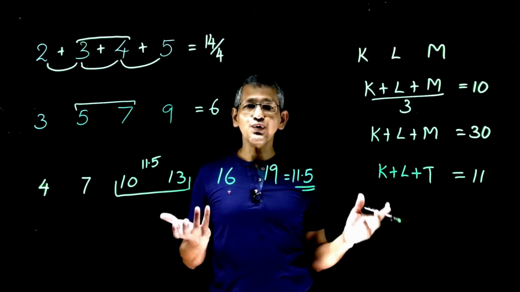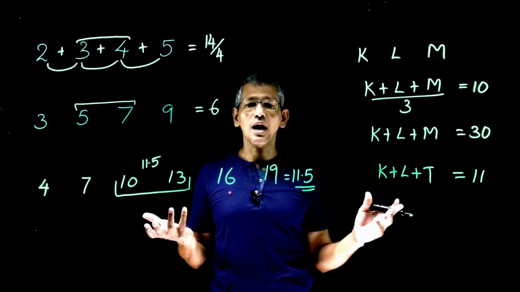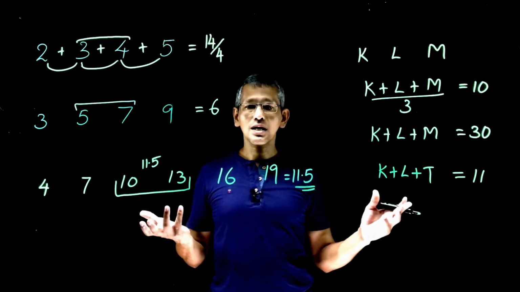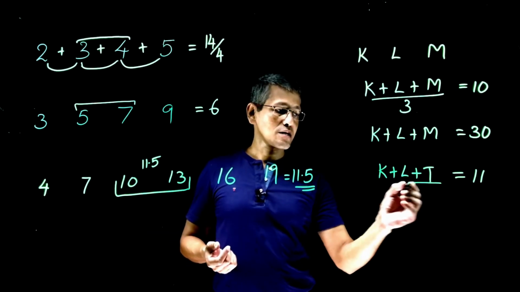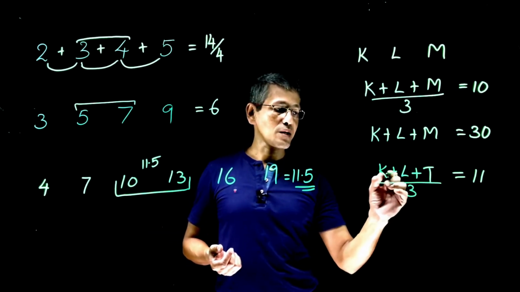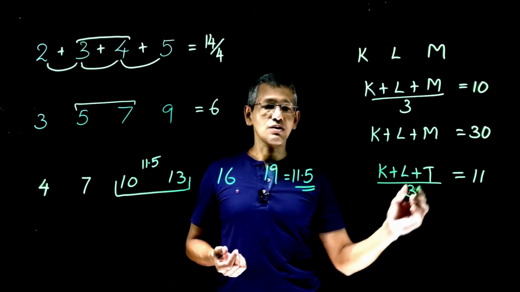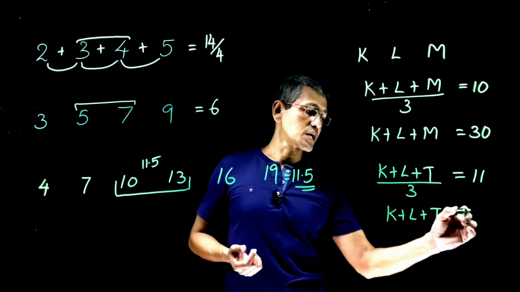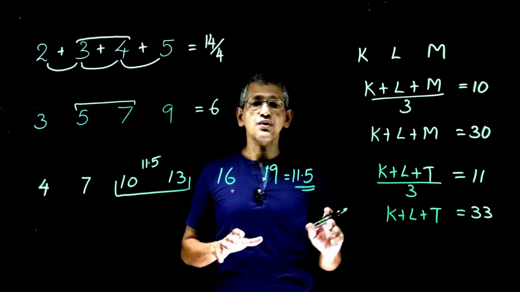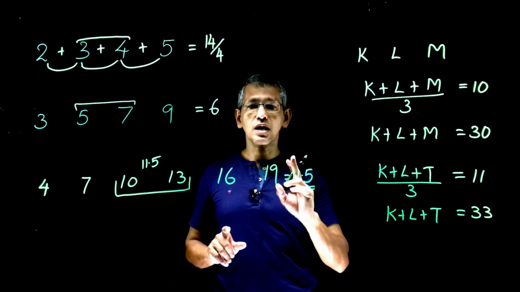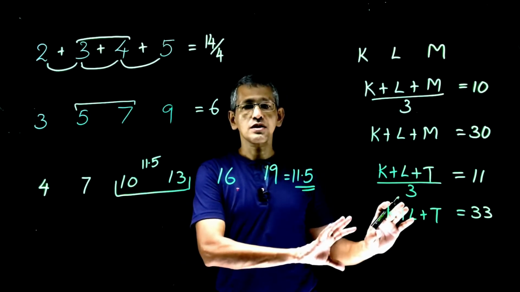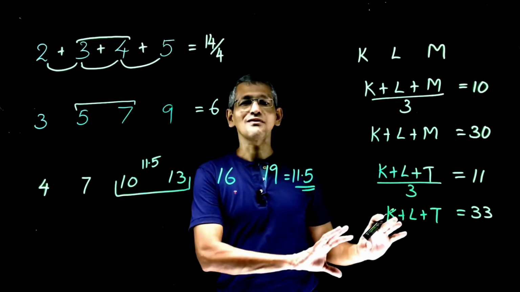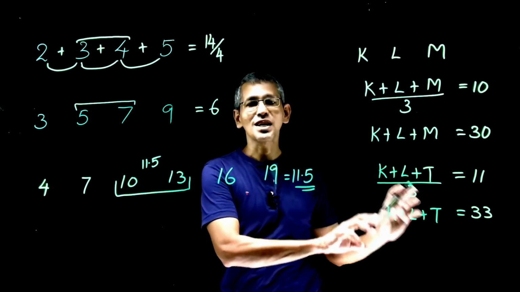So the average weight increased by 1 kilogram means K plus L plus T divided by 3 is equal to 11. So K plus L plus T is equal to what? 33. The average weight of each box is increased by 1 kilogram, and we have 3 boxes, so the total weight of 3 boxes is increased by 3 kilograms.